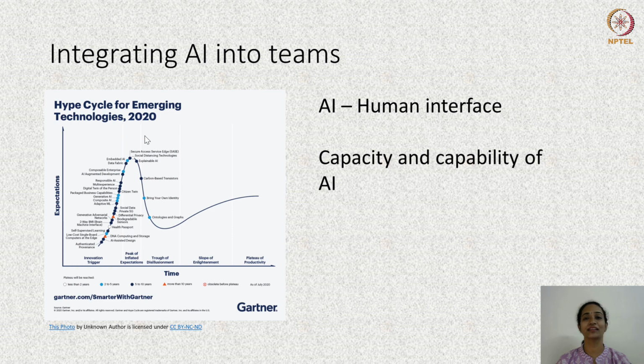Some had expected that AI would be the solution to all teaming problems. However, as we calibrate our expectations, improve the AI-human interface, and improve the capability and capacity of AI, we will slowly move on to the slope of enlightenment.